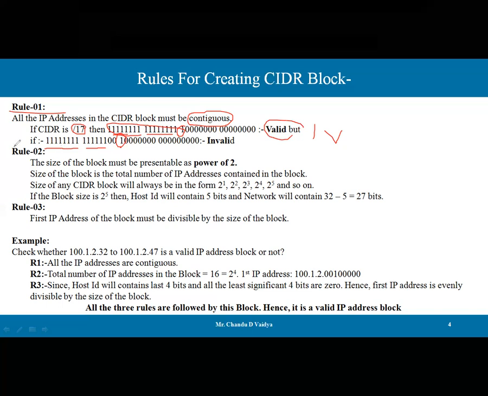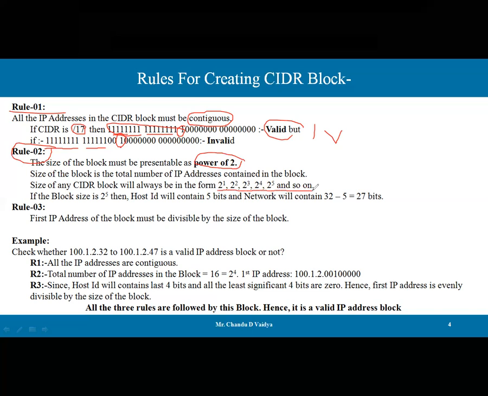Rule number 2 is also very important. The size of the block must be representable as a power of 2. Whatever value we calculate must be a power of 2, such as 2 to the power 1, 2, 3, 4. The size of the block is the total number of addresses contained in the block, so the size of any CIDR block will always be in the form of 2 to the power 1, 2 to the power 3, 2 to the power 4, and so on.